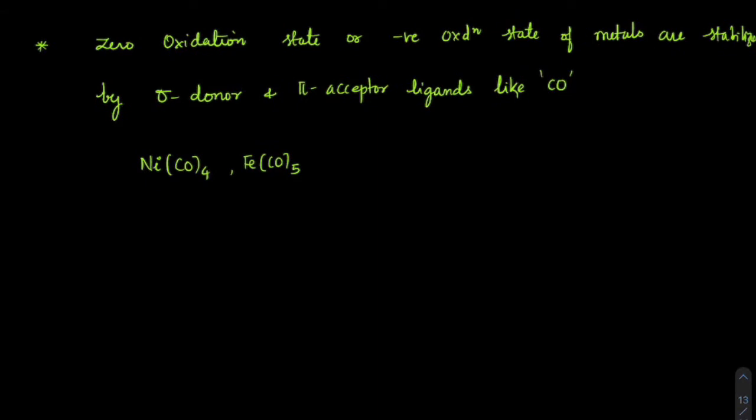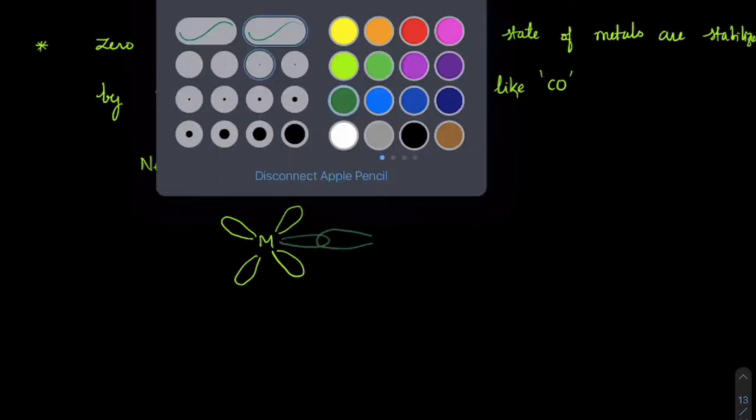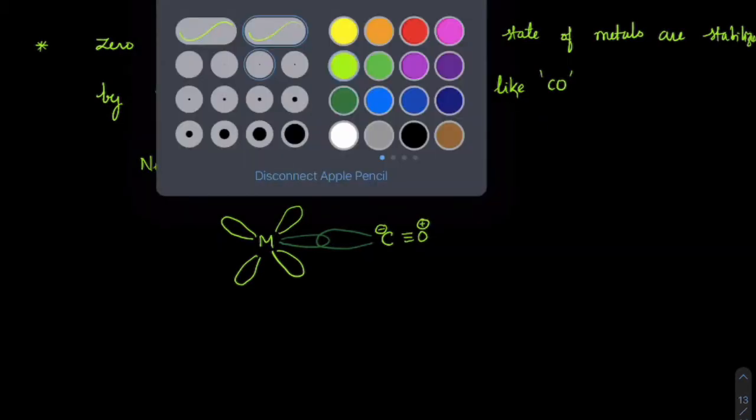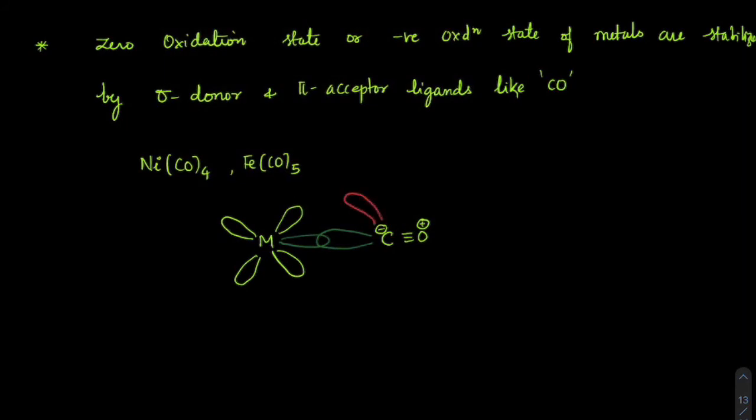So what is happening here: if you take the metal, these are its orbitals, these are unhybridized orbitals. One orbital will be hybridized this way. This is a hybridized orbital with carbon monoxide, C triple bond O, with minus and plus charges. And this carbon has antibonding orbitals here, this way.